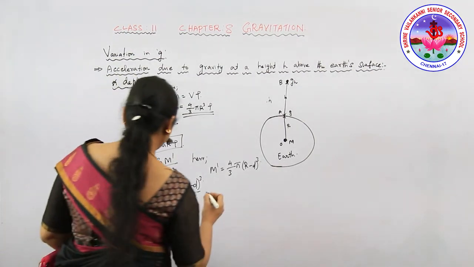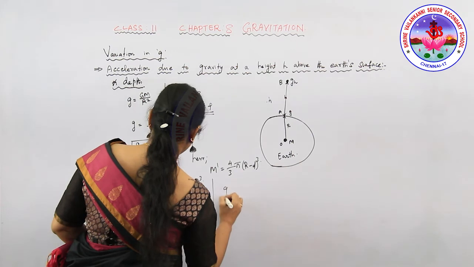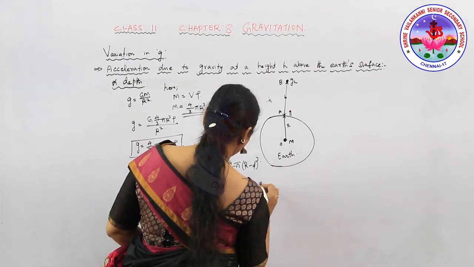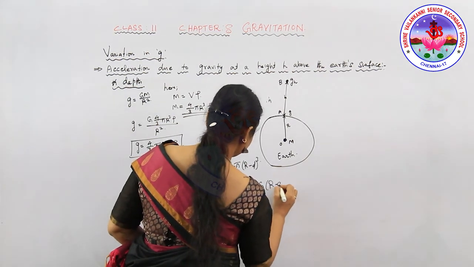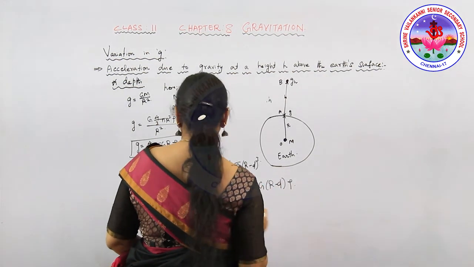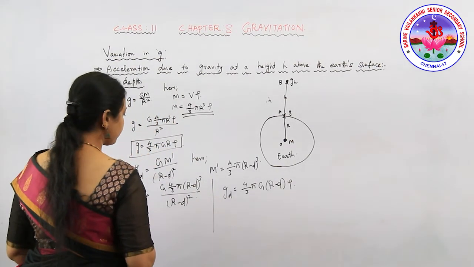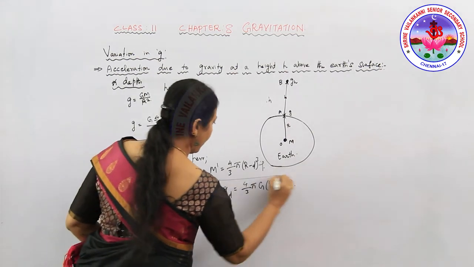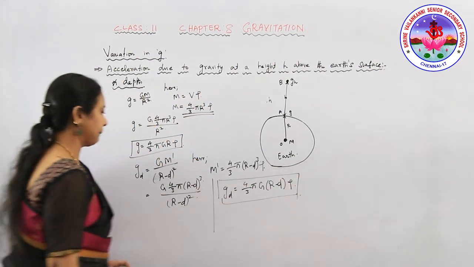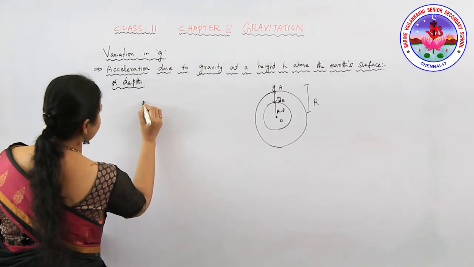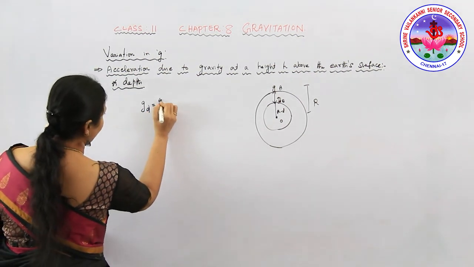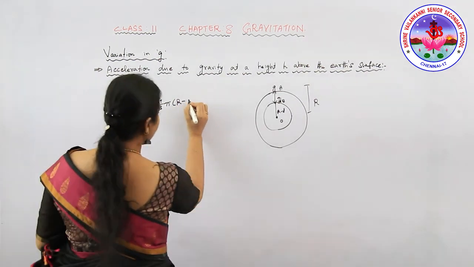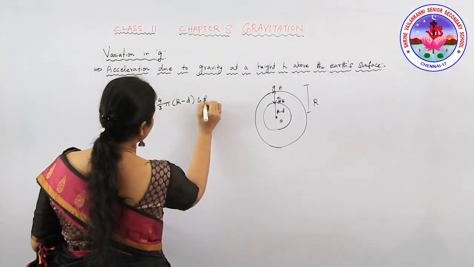So gd is equal to 4 by 3 pi G (R minus d) rho.